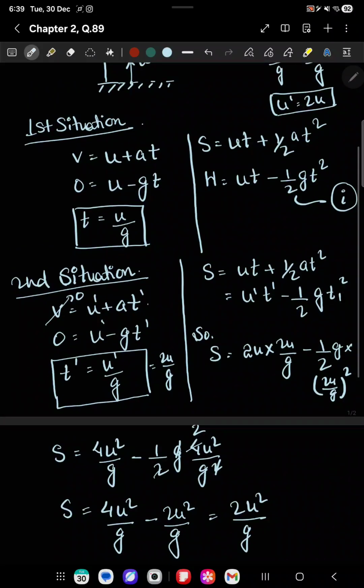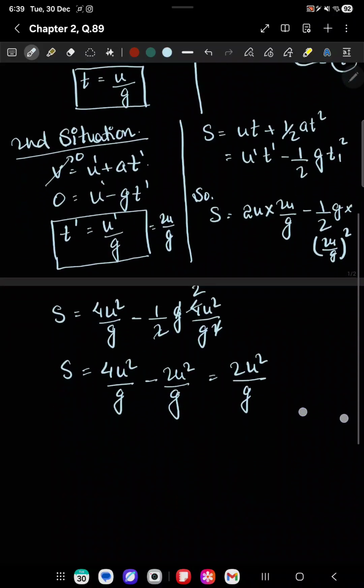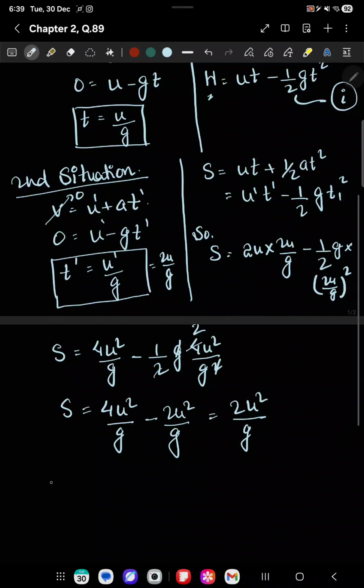Now we need to convert this 2u square upon g in terms of h, because h is given in the question. So I am using the first equation here.